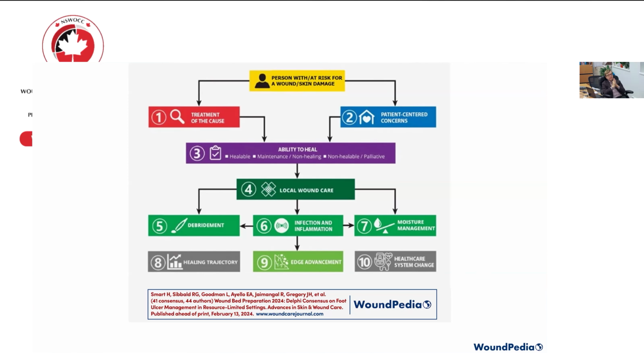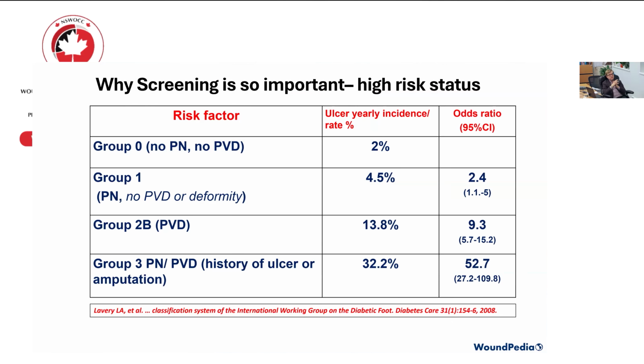Next slide. If you're a person with diabetes with no peripheral neuropathy and no peripheral vascular disease, chance of you having an ulcer in the next year is 2%. As soon as you develop peripheral neuropathy, it goes up to 4.5. And if you have peripheral vascular disease, it goes up to 13.8.